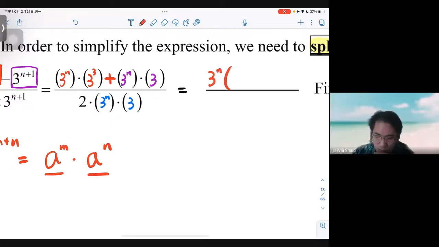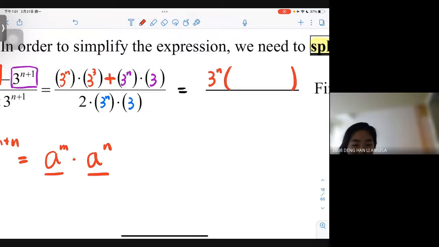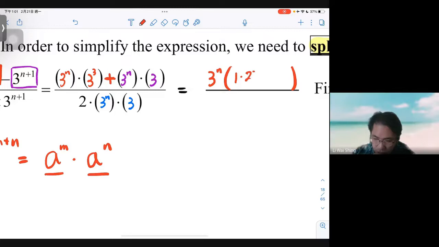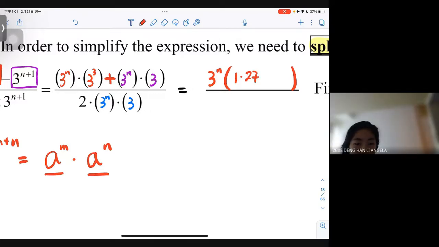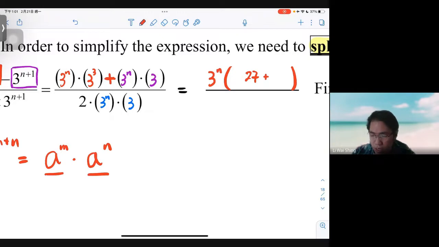And what should it be inside the bracket? 1 times 27 minus 1 times 3. Okay, so I just ignore the 1 because 3 times 1 is still 1.